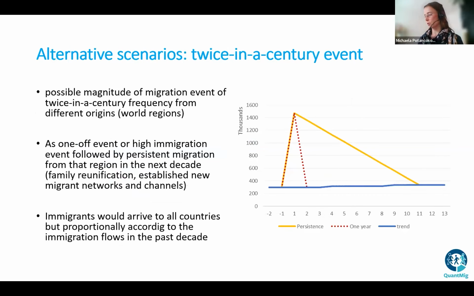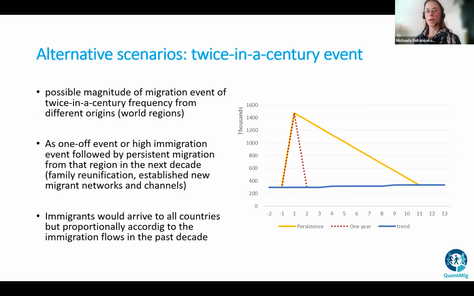So against these results from the baseline scenario, what we do is we take these magnitudes of shocks from 7 world regions, and apply them as an annual shock. Imagine if 5 years from now, another migration crisis happens.